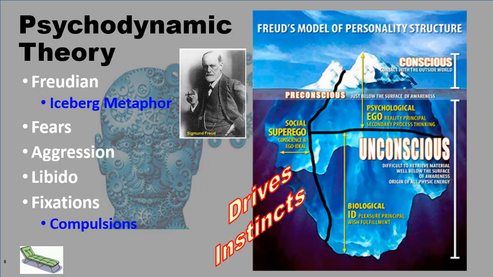So what underlies all the models, all the different schools of thought, is Freud's model of personality. And we often use an iceberg to represent that, because you have the conscious, which is on top of the water, which is just the tip of the iceberg.